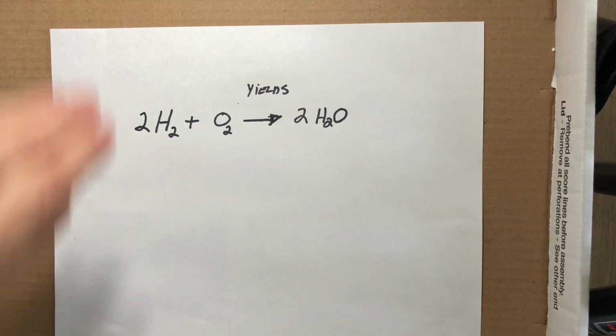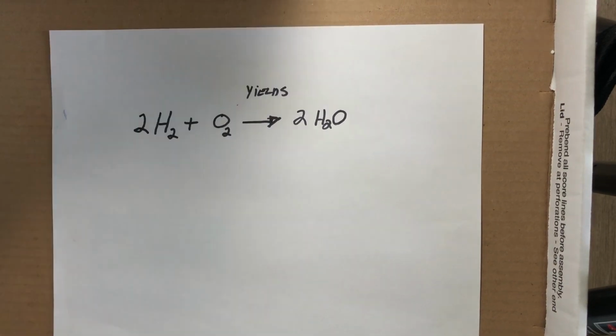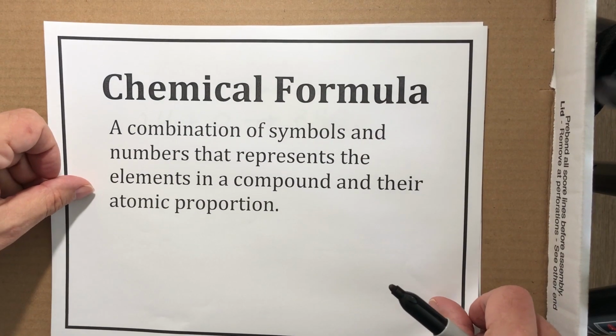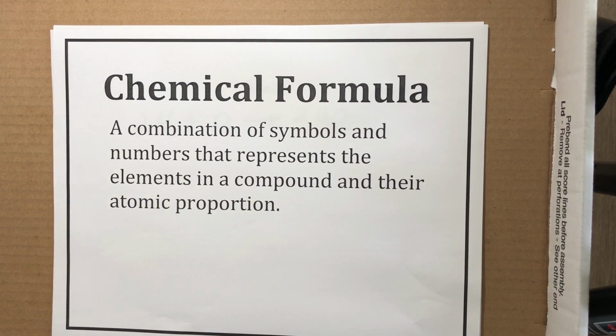So we have another important term, again, a bit of a review perhaps, and that's chemical formula. And that applies to an individual substance, whether that substance is a simple one like hydrogen or a little more complicated like water, or maybe very complicated like, I don't know, cholesterol or some big organic molecule.